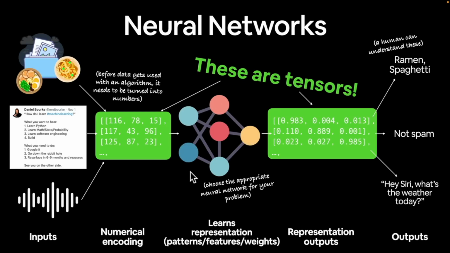So we'll be writing code to execute some kind of mathematical operations on these tensors. And then the neural network that we create, or the one that's already been created but we just use for our problem, will output another tensor similar to the input but manipulated in a certain way that we've programmed it to. And then we can take this output tensor and change it into something that a human can understand.